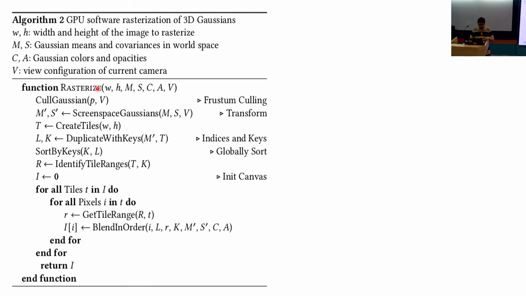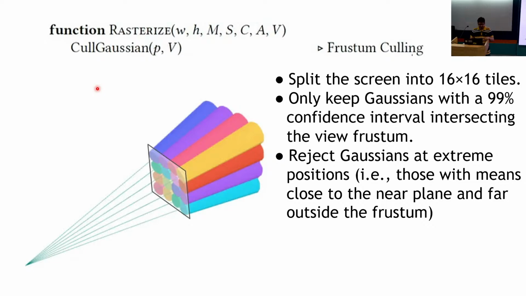There's one more thing, I think I'll just share the slide. This is the rasterization part of it. If you're interested in how this rasterization happens, because it involves some graphics concepts, tiling and such things, you can delve deeper into that.